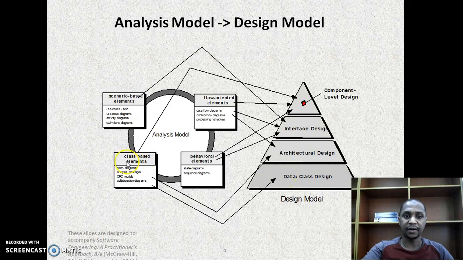Class-based elements are mapped to data/class design, architectural design, as well as component-level design. Scenario-based elements are mapped only to interface design. Flow-oriented elements have three maps, which are component-level design, interface design, and architectural design. Behavioral elements are mapped to two, which are component-level and interface design.